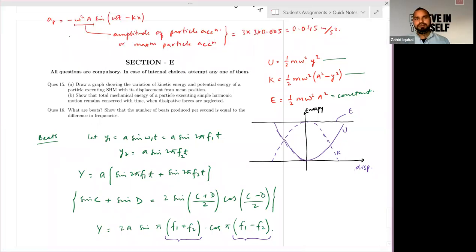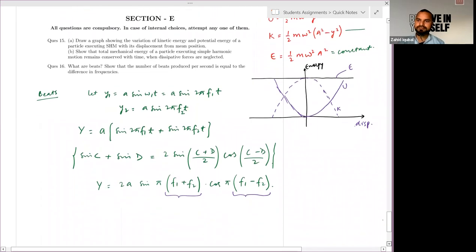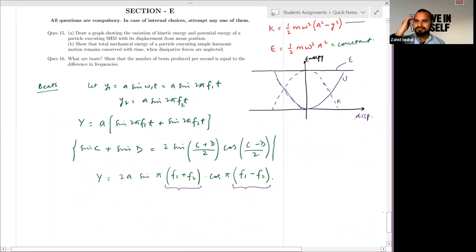Now, if you have any more doubt related to these two chapters, or any other chapter, you may ask. Riba, any question? Umar? Okay.